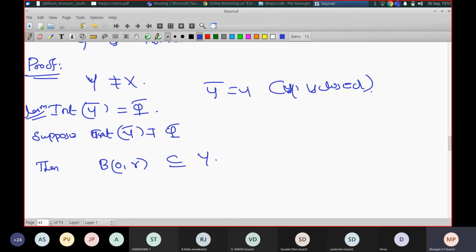See, Y is a vector space. Then nB(0, r) is also inside nY.